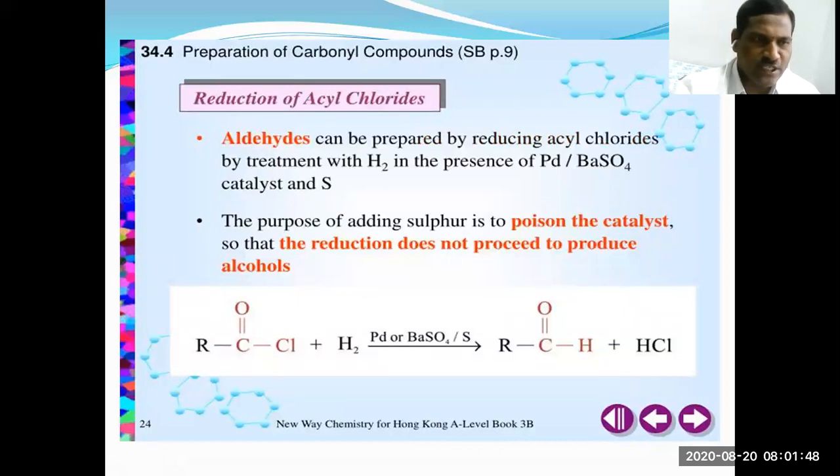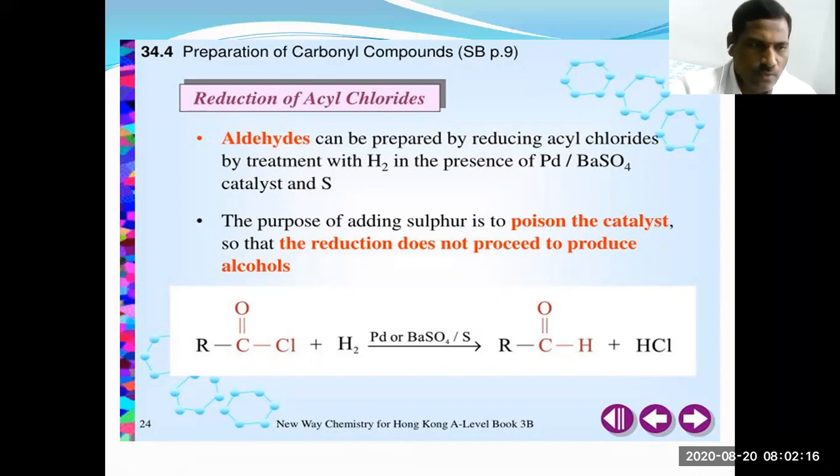So the next preparation method is from reduction of acid chlorides. Acid chlorides are also called acyl chlorides. Aldehydes can be prepared by reducing acid chlorides by treatment with hydrogen in the presence of palladium on barium sulfate as a catalyst.